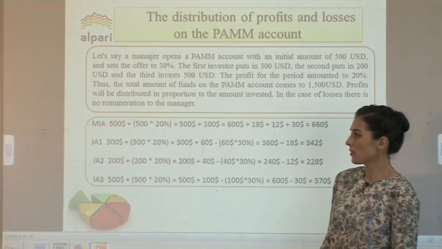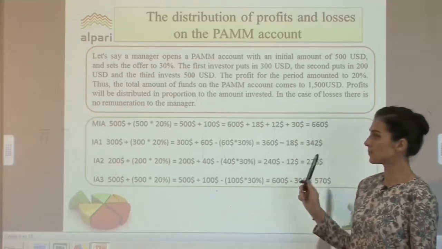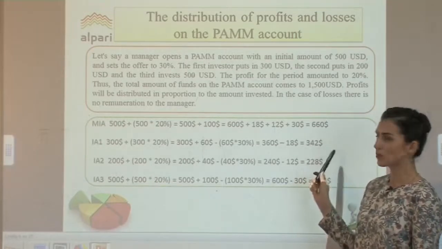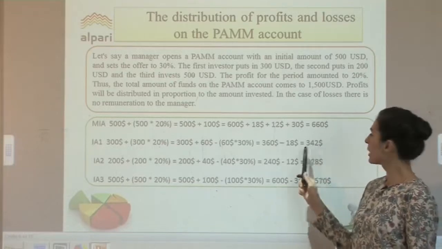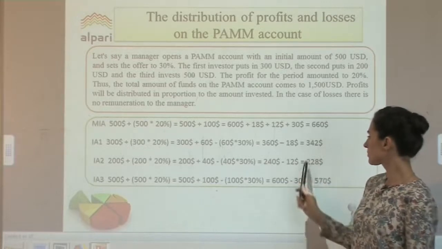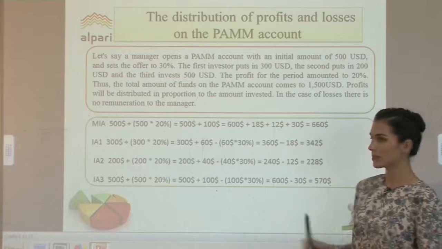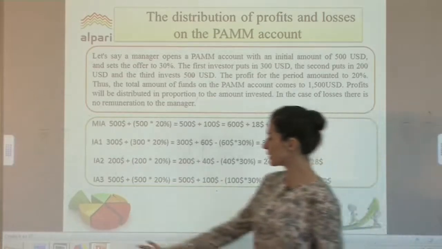The first investor paid $18, and clean equity is about $342. Clean funds, I mean clean profit, about $42. So the second one receives $28, and the third one $70 net profit. Let's move on forward.